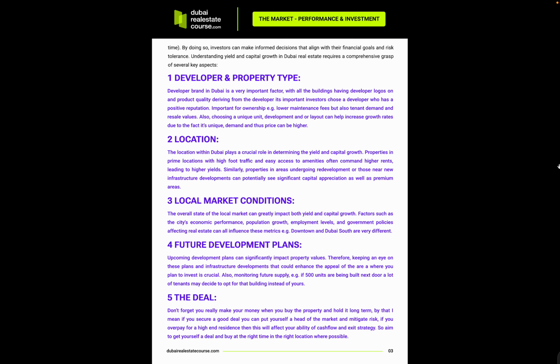So developer reputation is really important, okay? When investors and property buyers are buying property, especially if they're local, they know developer reputations, okay? So you can't get away with buying a property from a low caliber developer and then trying to get a premium price when you want to exit or when you want to sell, or even from a tenant.